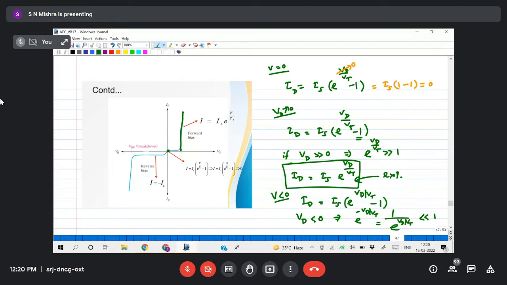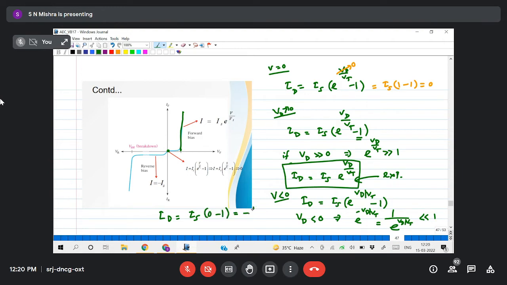An exponential negative function decreases very fast, so compared to 1 its value is very small. So we can neglect this exponential term compared to 1. ID equals Is times, this exponential term put as 0, minus 1.